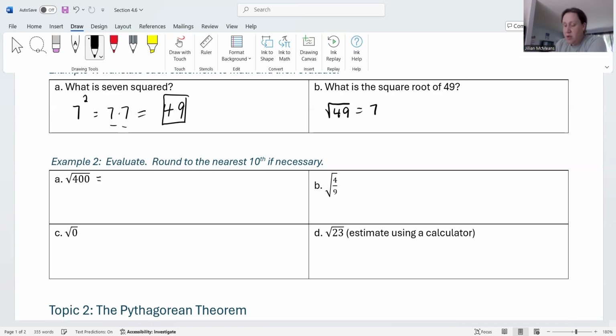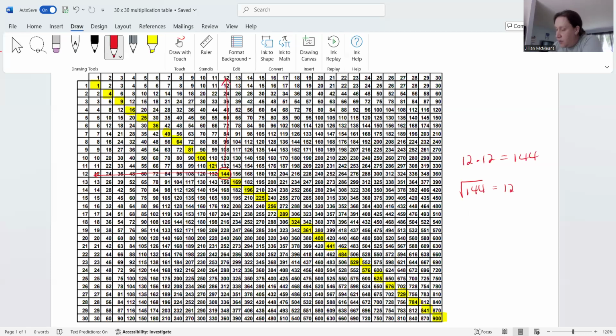If I wanted to, I could go to my multiplication table, go down the diagonal, and look for 400. I see it right here. If I go up, I'm in the 20th column. If I go left, I'm in the 20th row. So that tells me the square root of 400 is 20.